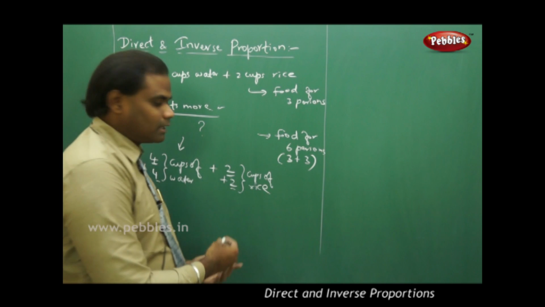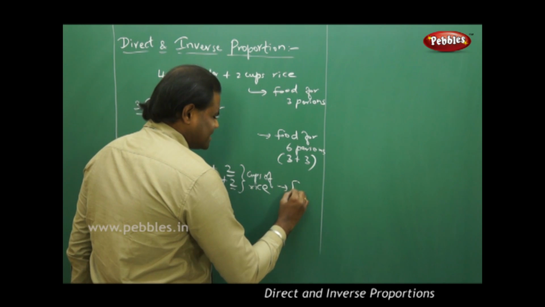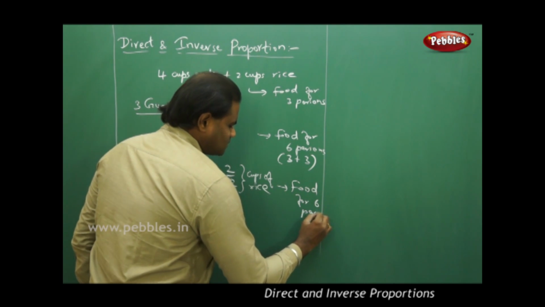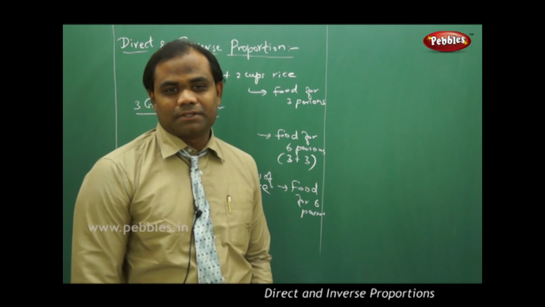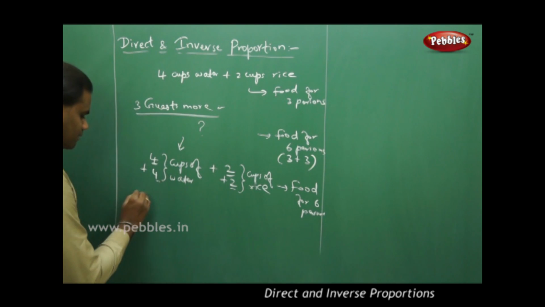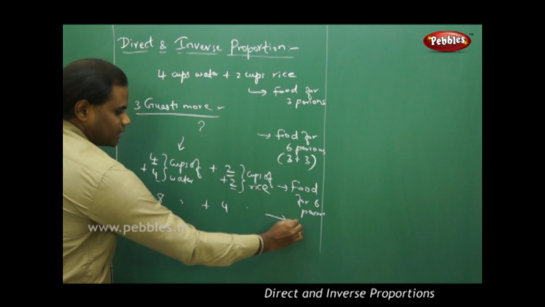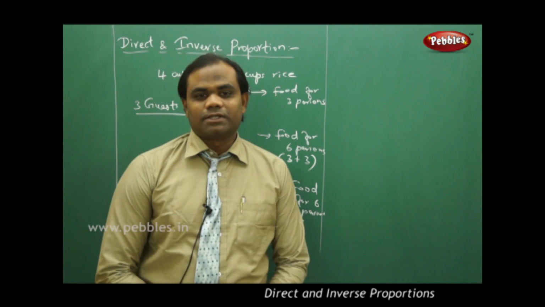Then I can make the food for 6 persons. This gives me the answer 8 cups of water plus 4 cups of rice, which gives me food for 6 persons.